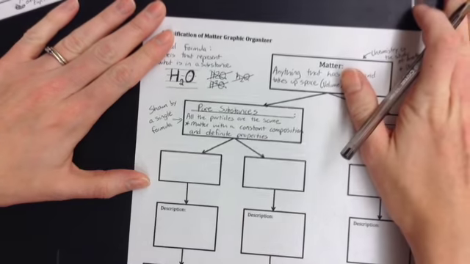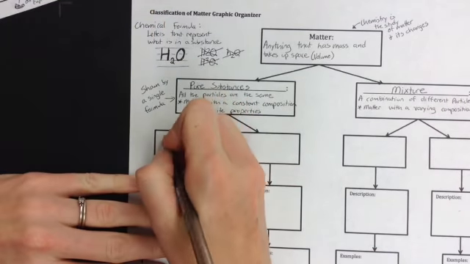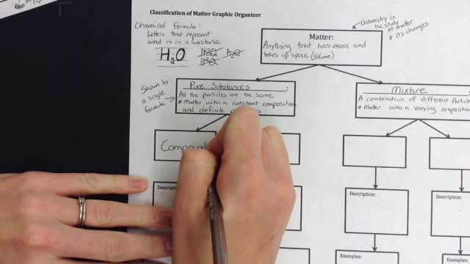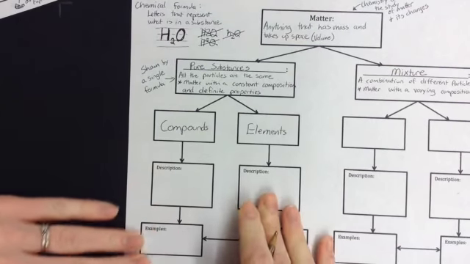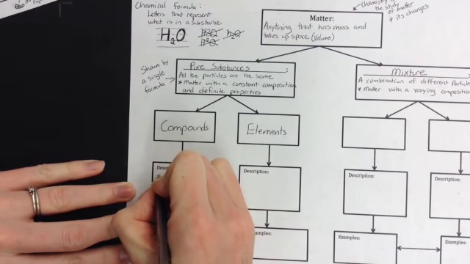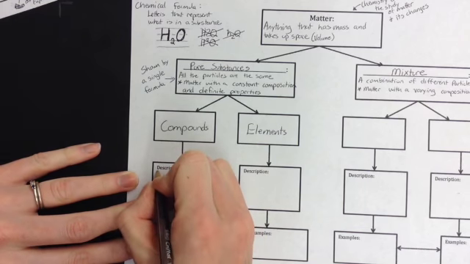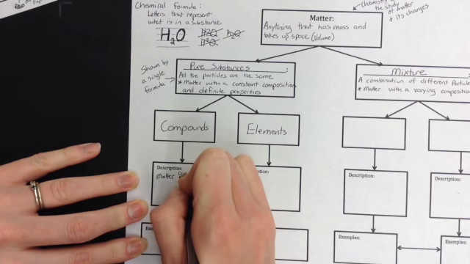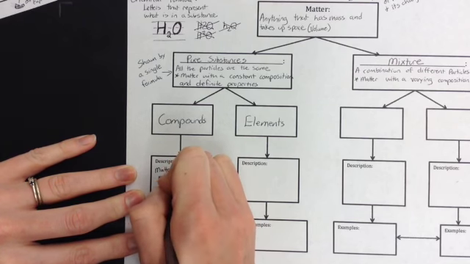So after you separated out your mixtures, you took a look at the pure substances and separated them further, and you found some compounds and some elements. And with your compounds, you found that there was more than one kind of atom. Okay, so this is matter composed of molecules.